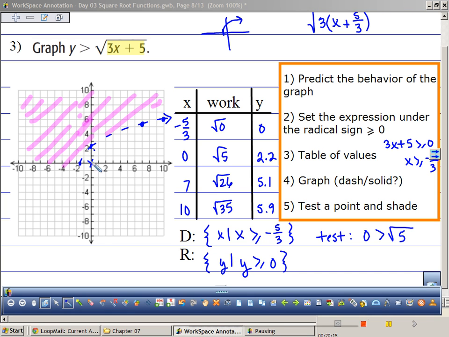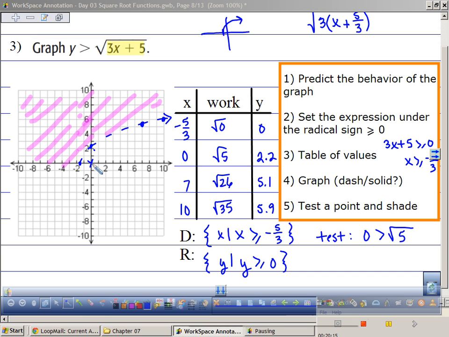What do I test? I tested 0, 0 because 0, 0 is always the easiest thing to plug in. Because if y is 0 and x is 0, isn't 0 greater than the square root of 5? Let's do that. I'm going to plug in test 0, 0.